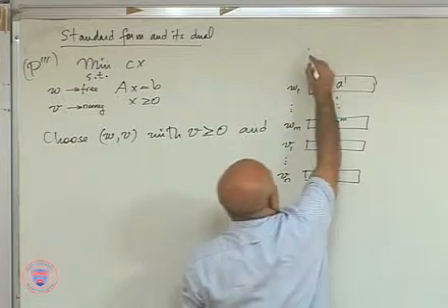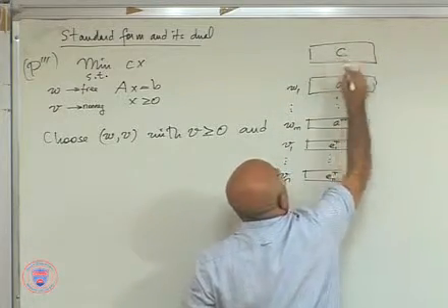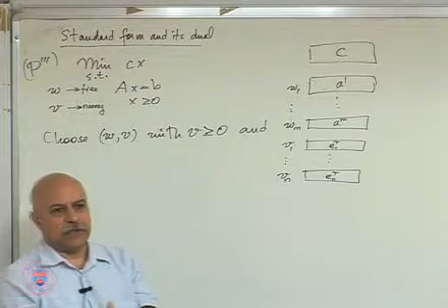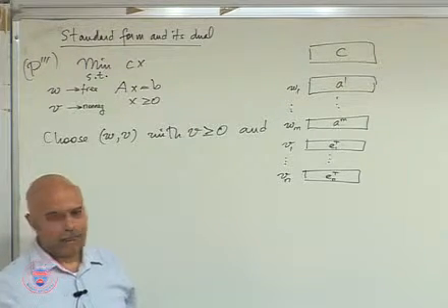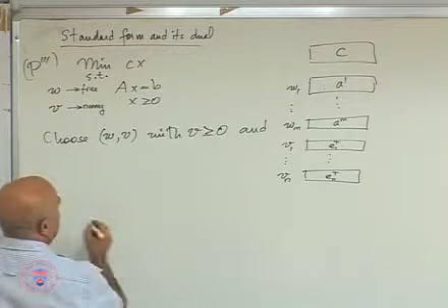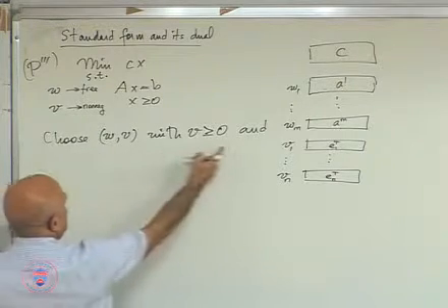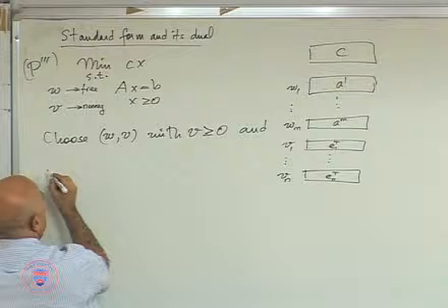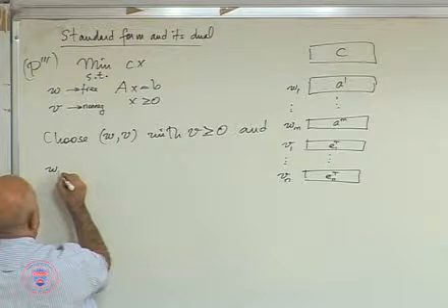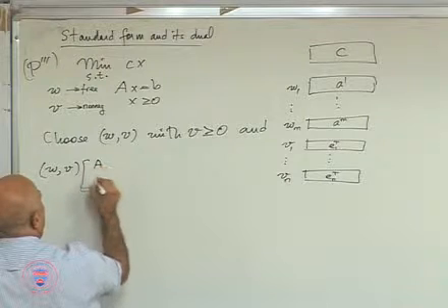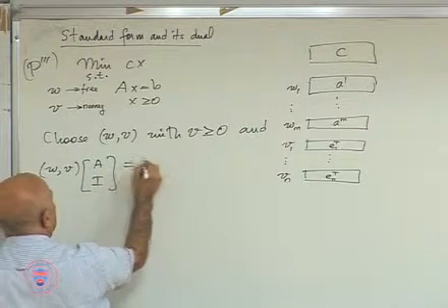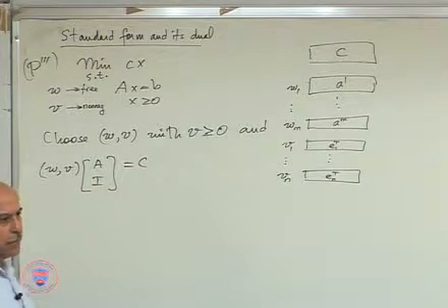You're trying to express C as a linear combination of the rows of the constraint matrix. So the additional condition here is you still want to have WV times A and identity giving you C. That's what you want.